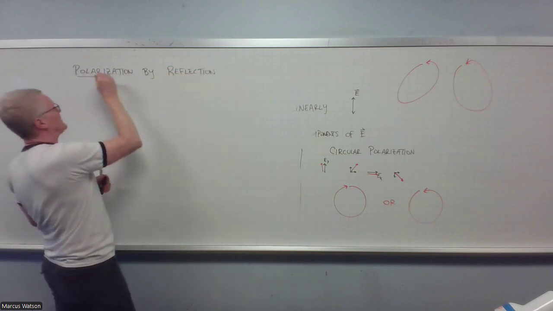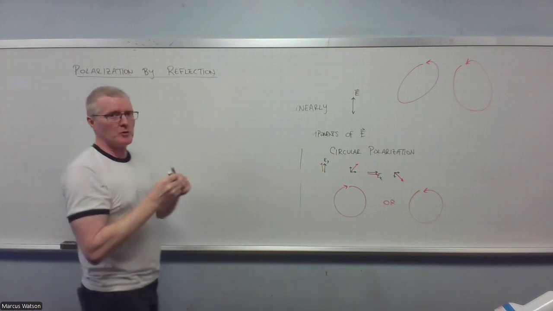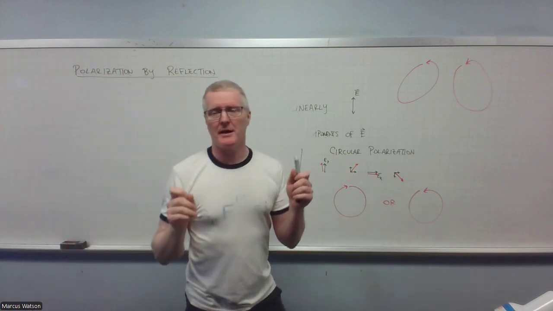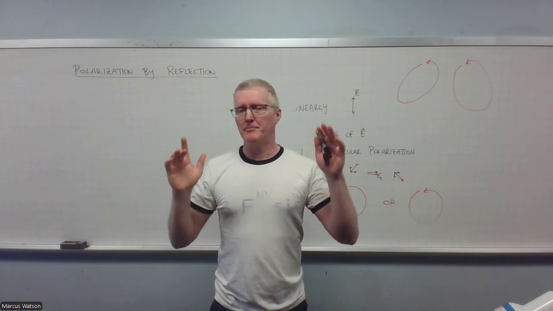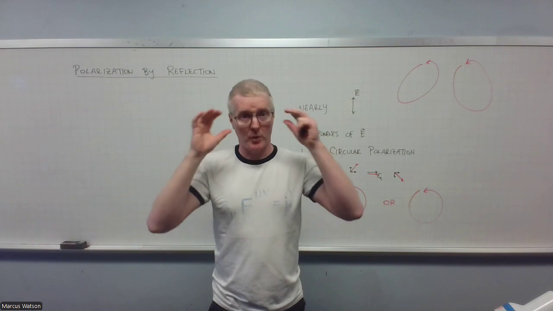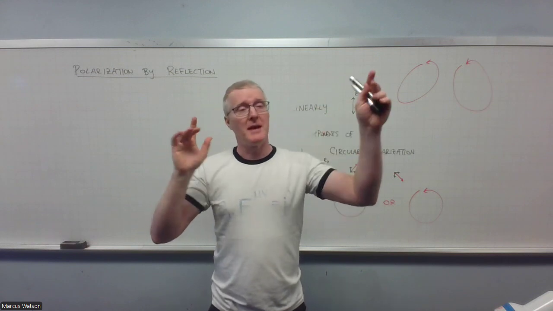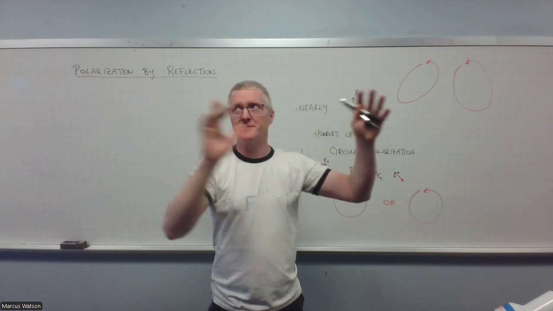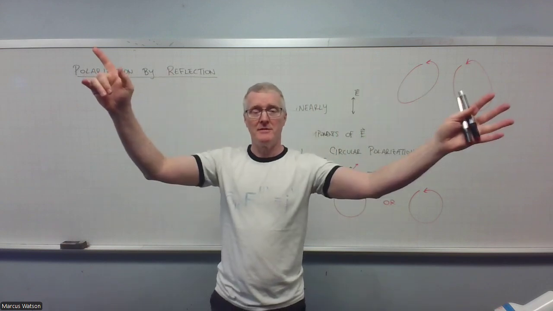polarization by scattering, which is that if you look up in the sky, you'll see a bright, which if you're wearing Polaroid sunglasses, you can make into a bright and dark region of sky as long as you're 90 degrees from the sun.